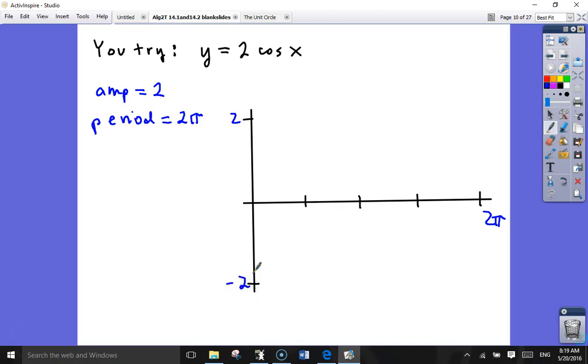Right, so the amplitude is 2, the period is 2 pi. It's a cosine, so cosine starts at 1.